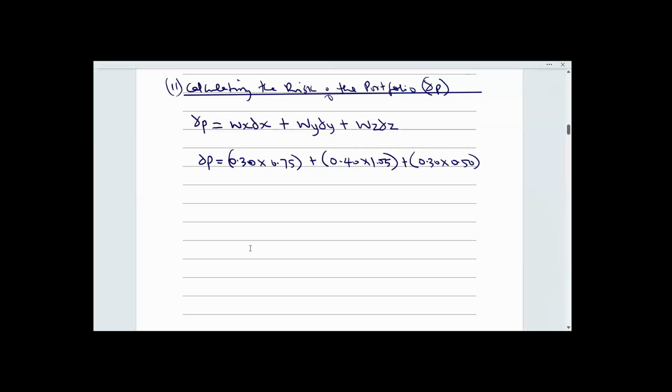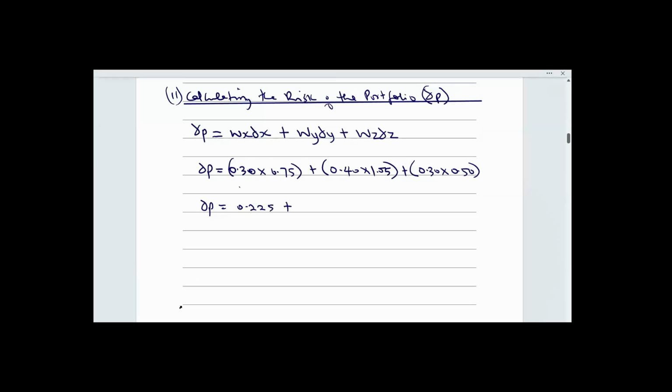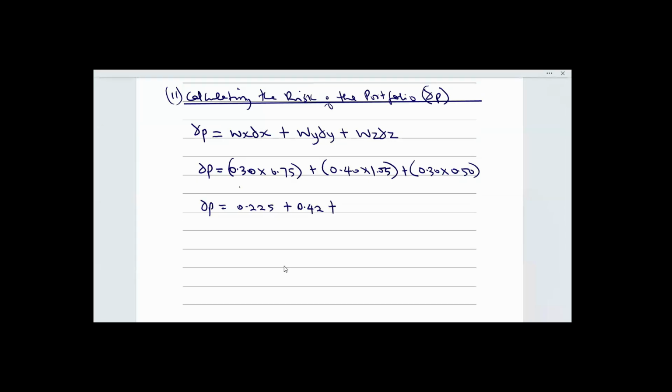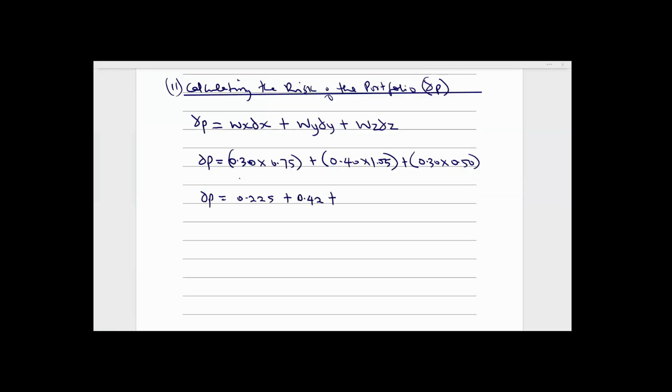So 0.3 multiplied by 0.75, that's 0.225, plus 40%, 0.4 multiplied by 1.05, that's 0.42, plus 0.3 multiplied by 0.5, that's 0.15.